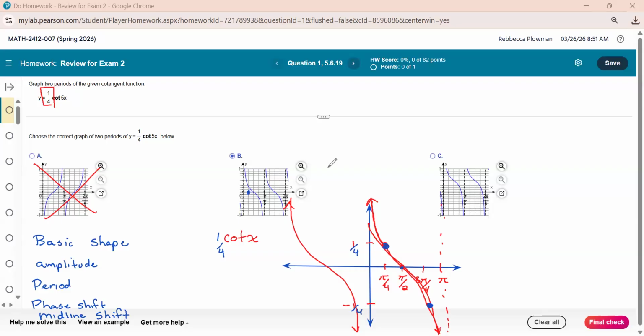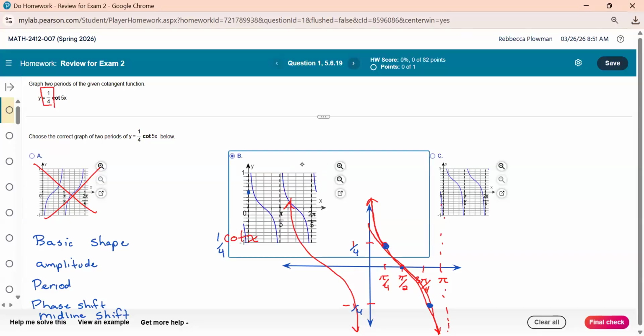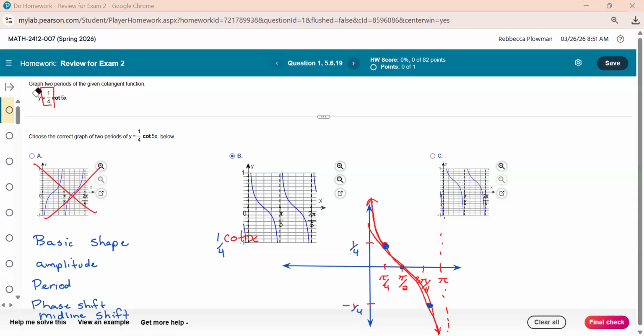We're right here. And if we look at that, that appears to be about 1/4. So that's one of the things that we could check for.